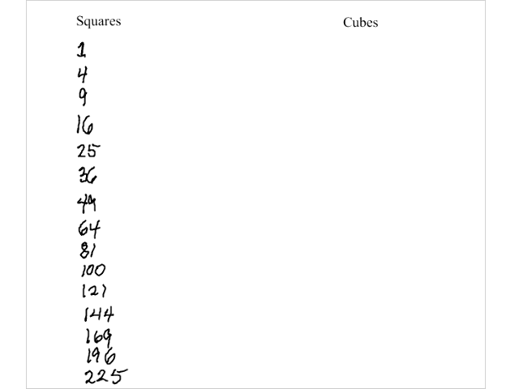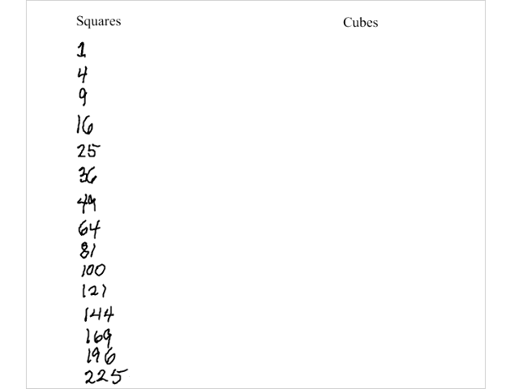That's the first 15 squares. Like I said, if I go down the list, 1 squared is 1, 2 squared is 4, 3 squared, 4 squared, 5 squared, 6 squared, 7, 8, 9, 10, 11, 12, 13, 14, 15.